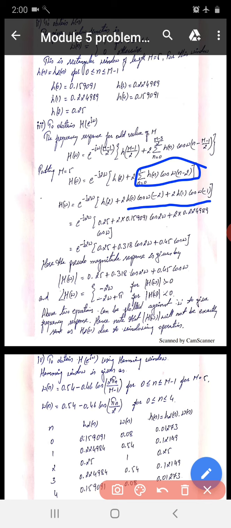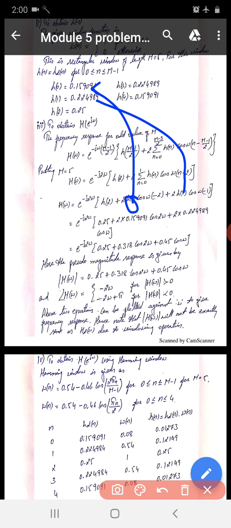Then substitute the value of h of 0 and h of 1 from these values. If you substitute and solve that, you will be getting H of omega is equal to e raised to minus j2 omega into 0.25 plus 0.318 cos 2 omega plus 0.45 cos omega.